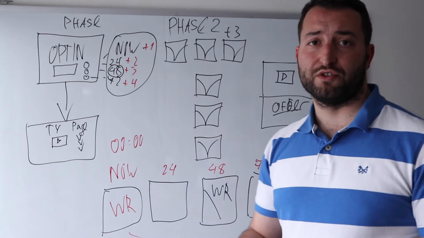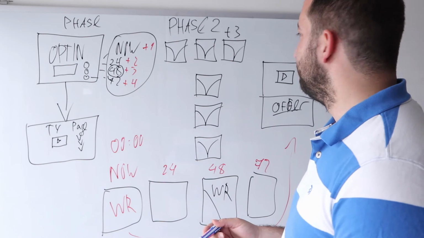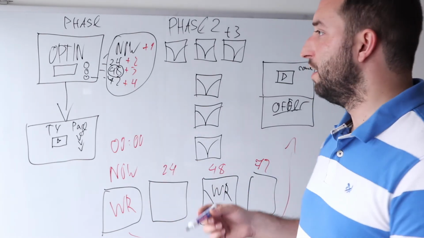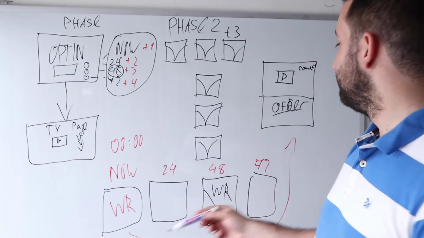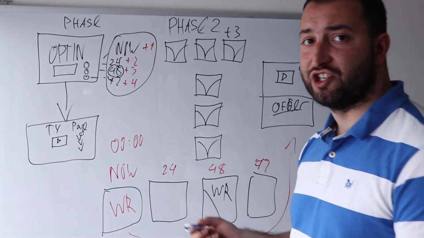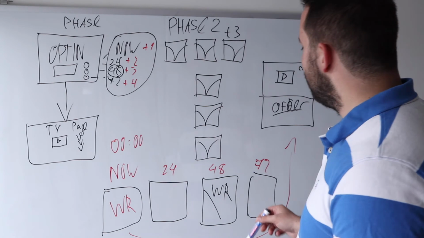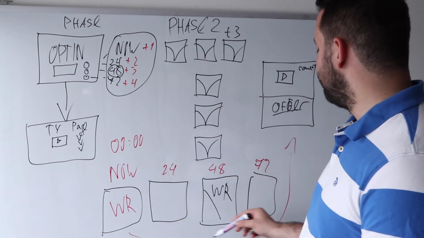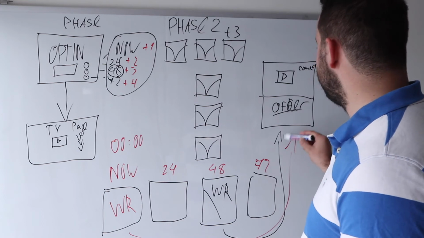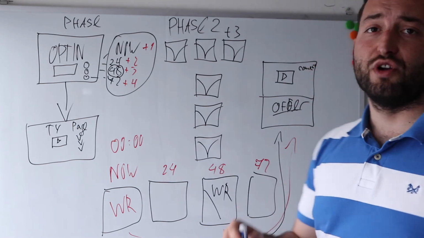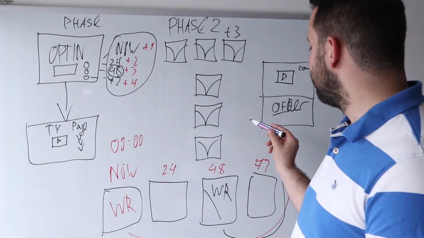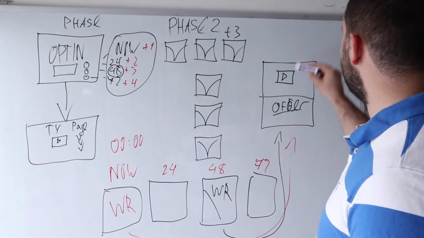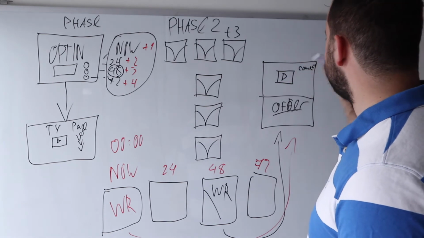On the waiting room, there is a countdown timer showing them the time until the webinar actually starts. All they need to do is click on the link, and from here they will be redirected to the actual webinar page when the countdown timer hits 0. And from there, obviously the presentation starts.